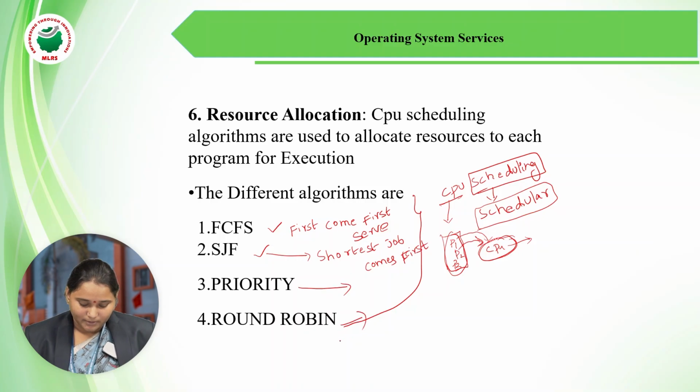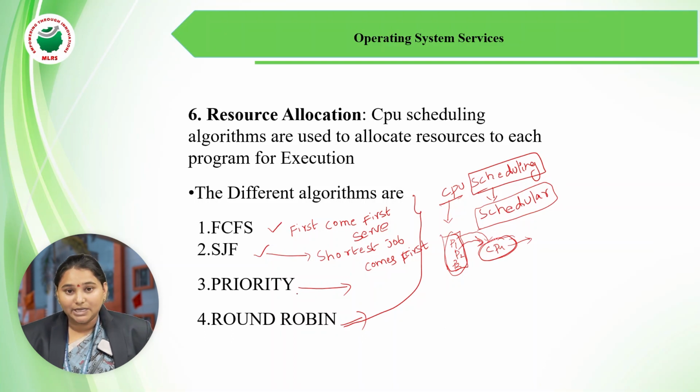Priority, round robin. Here in FCFS, the programs are executed in first come first serve. Next, in SJF, based on the arrival time, the programs can be executed, and the shortest job can be executed first.